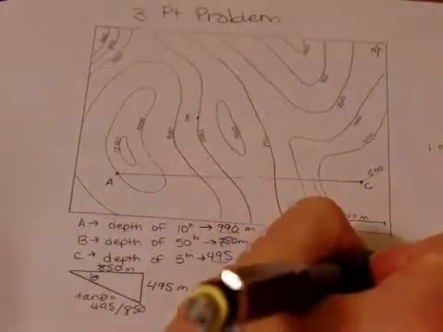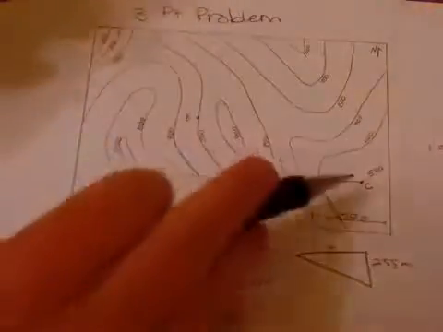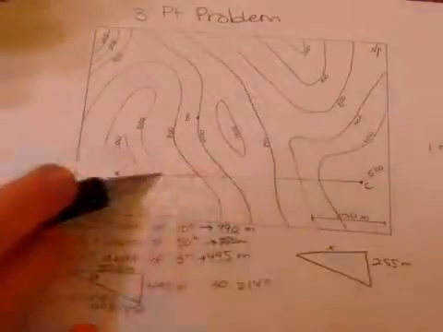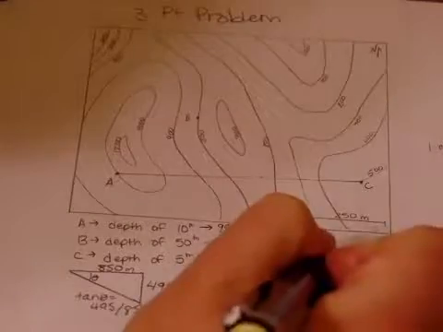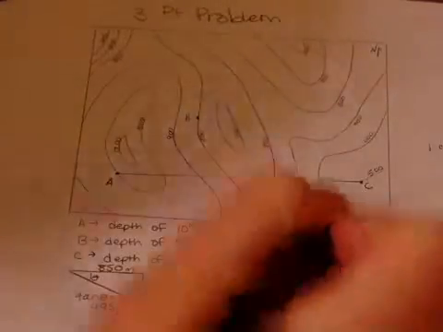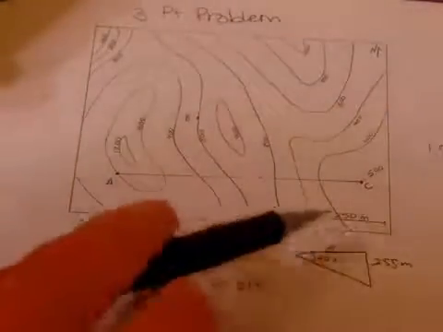So there's an elevation difference of 255 meters. I want to know what the horizontal length is, where that point's going to plot on this line. And I know already that my apparent dip is 30.2 degrees.